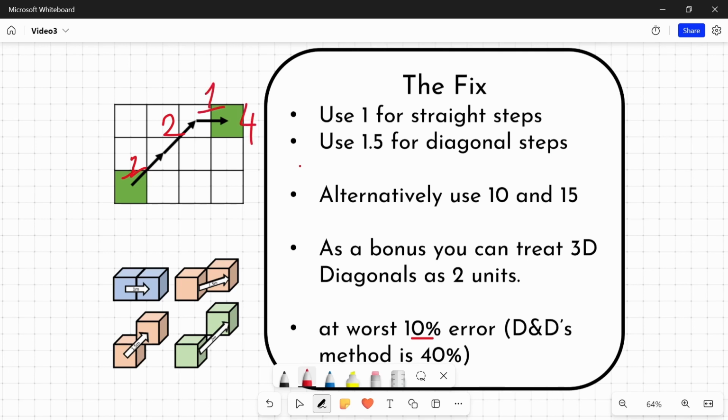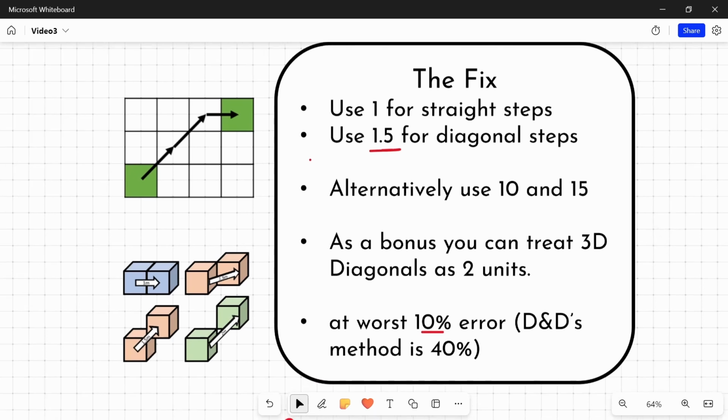So they would get 4 for that as well. But I think it's better to have a consistent unit for what your diagonal size is. And I think counting in 1.5 is easier than counting 5, 15, 20, 30. You have to keep alternating between steps of 5 and steps of 10. I think this is an easier system.